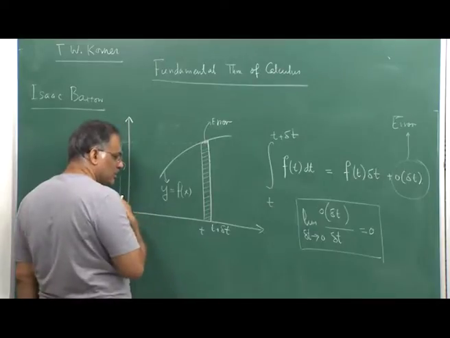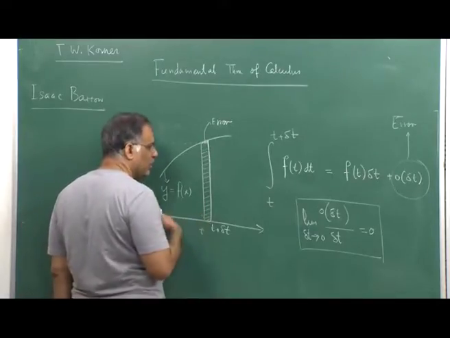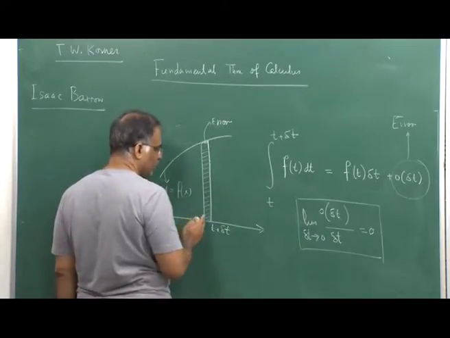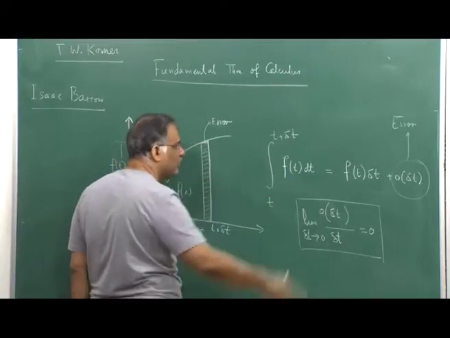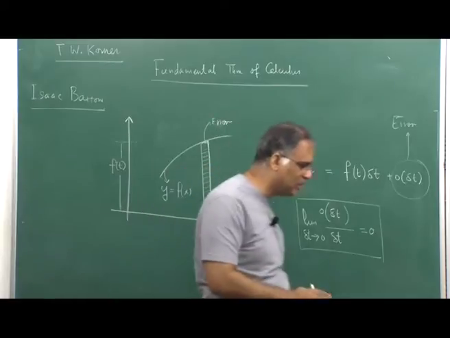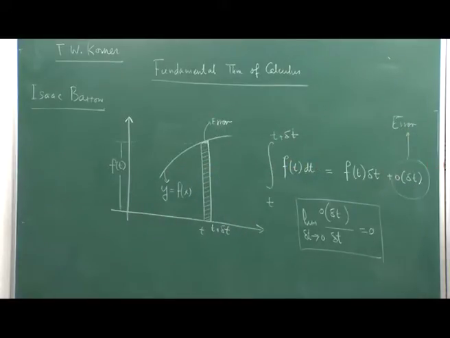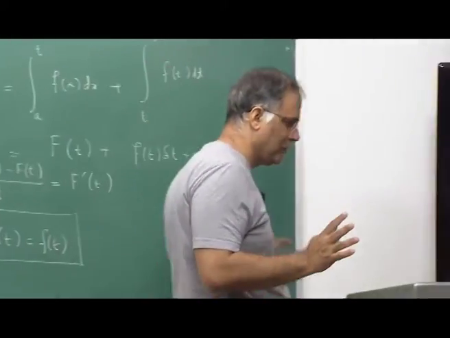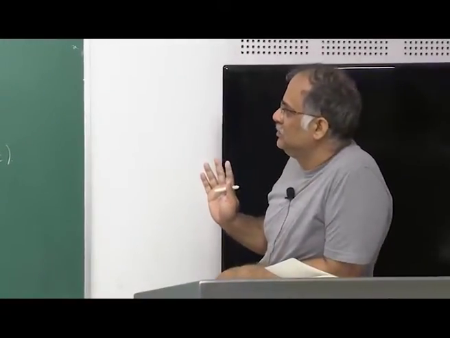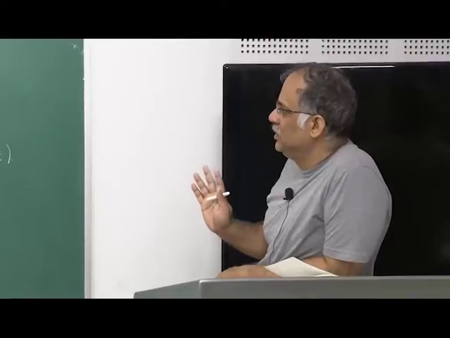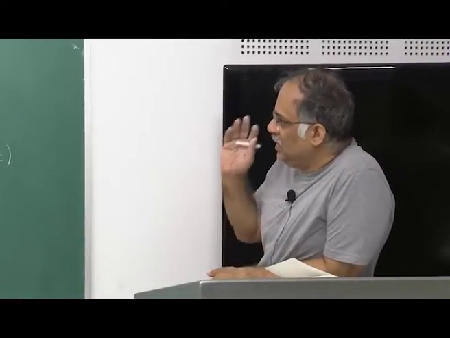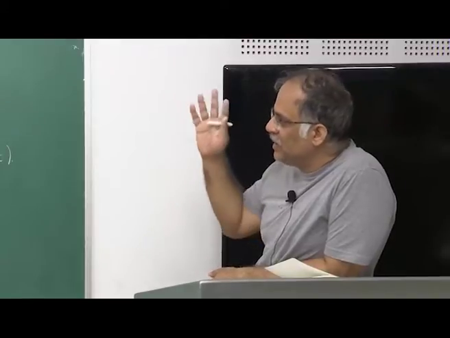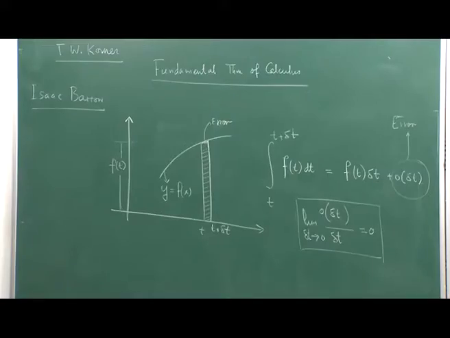So it doesn't make any difference, whatever be the case, some area has been calculated, and this formula will actually hold. So t to t plus delta t or t to t minus delta t, this relationship holds.